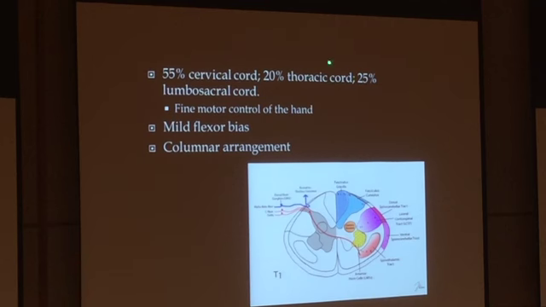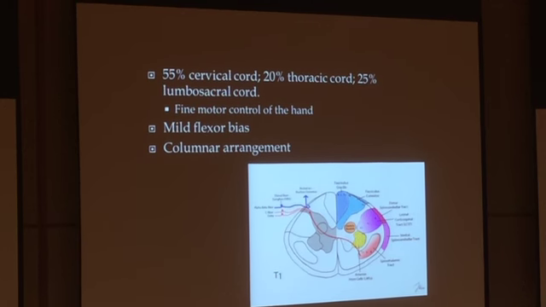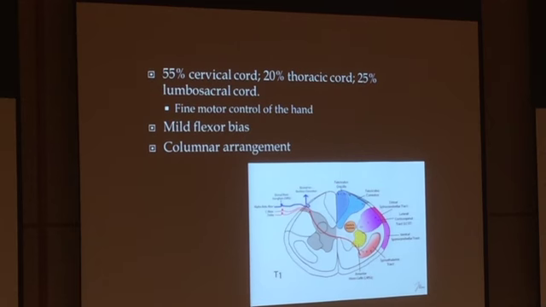So yes, it does supply the leg as well, but if we had to say what it is predominantly involved in, it's the upper extremity, and especially fine motor control of the hand. So applying to tasks like typing, writing, playing the piano, the corticospinal tract would be very involved in that. It turns out the corticospinal tract has what we call a mild flexor bias, which means it supplies a bit more of the flexor muscles than it does the extensor muscles.